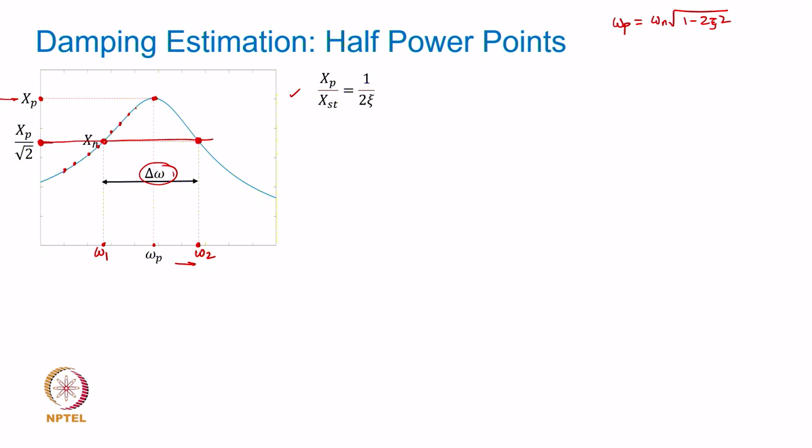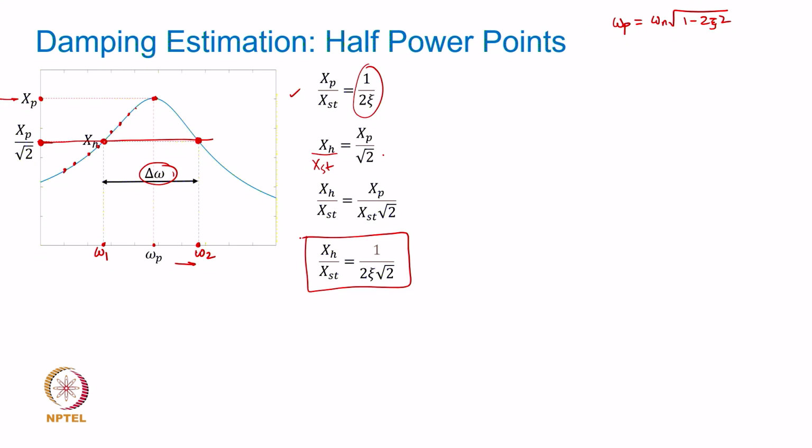Now, if I take the half power point xh, then xh is xp over square root of 2, which means that xh upon xst is going to be xp over xst times square root of 2. Because xp upon xst is 1 by 2 zeta, this is the ratio that I have.